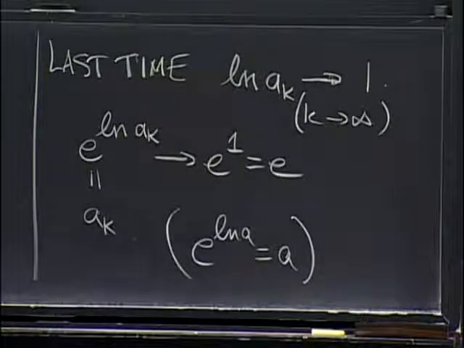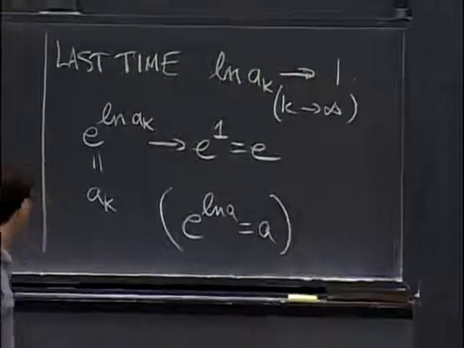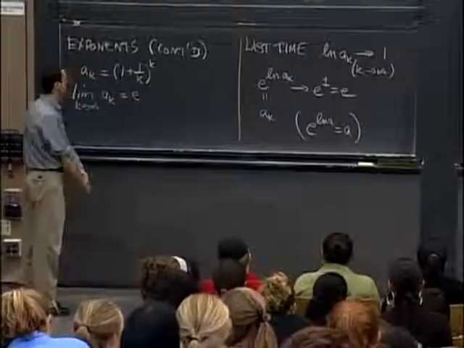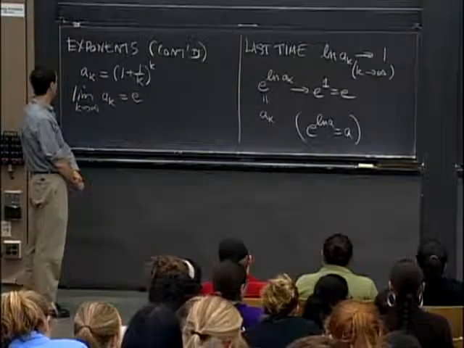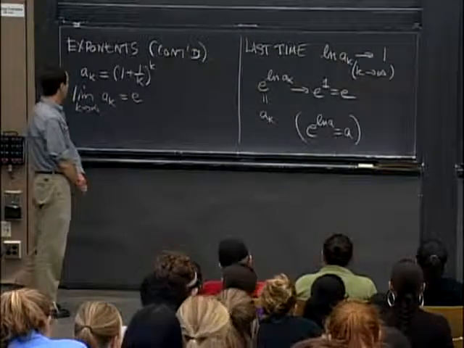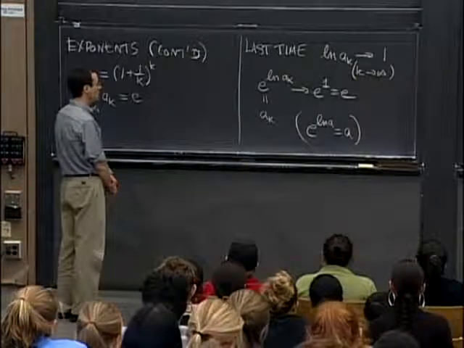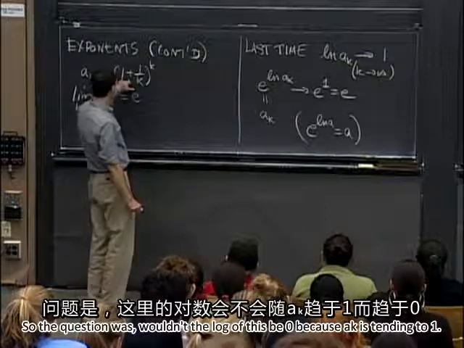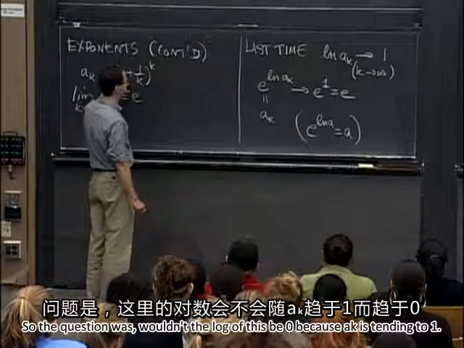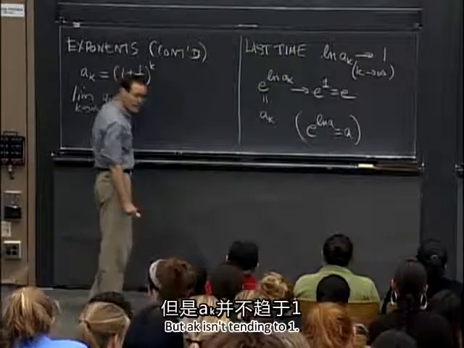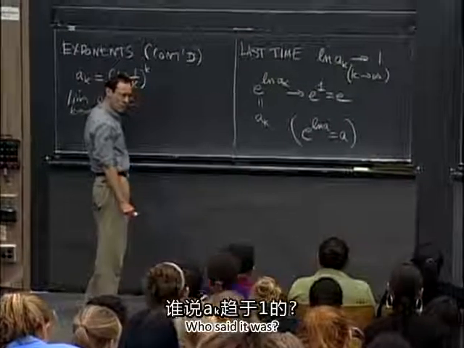Yes, question? Wouldn't ln of a_k equal 0 because it's k multiplied by ln of 1 plus 1 over k? As k goes to infinity, that's ln of 1, right, which is 0? So the question was, wouldn't the log of this be 0 because a_k is tending to 1? But a_k isn't tending to 1. Who said it was?